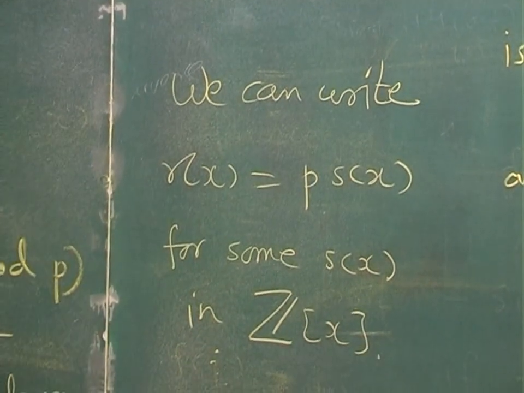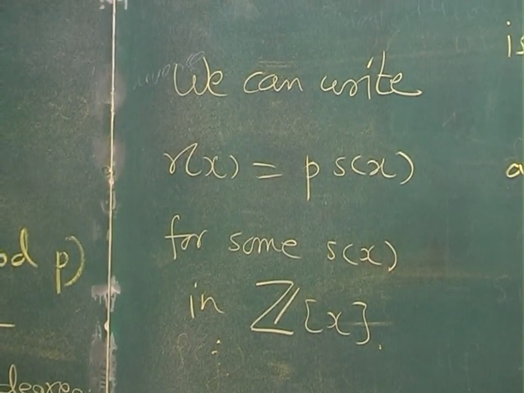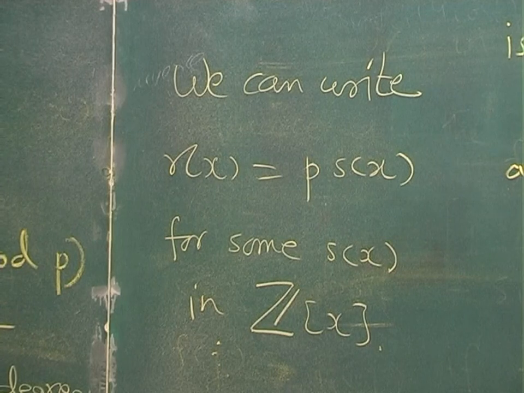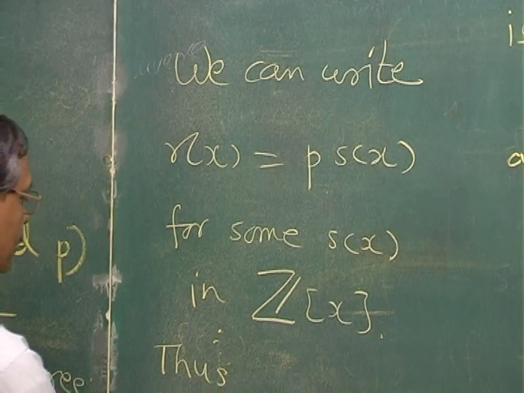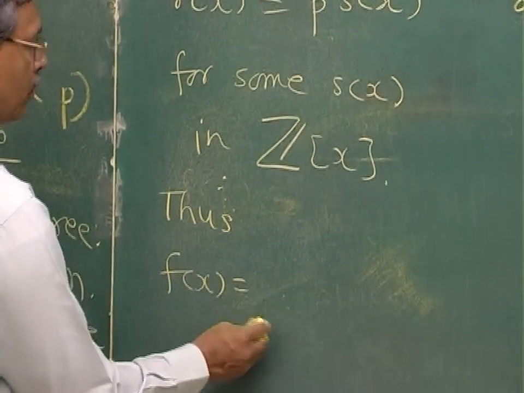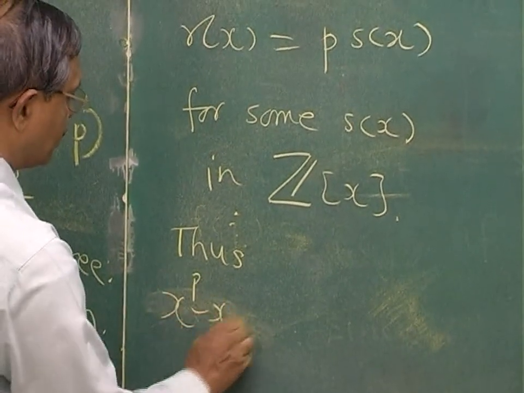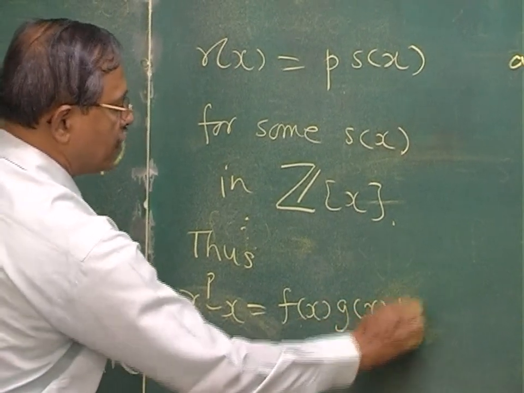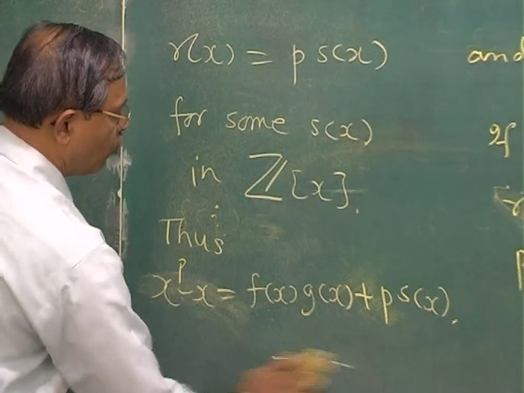This is a polynomial with integer coefficients, and therefore x raised to P minus x is equal to f(x) g(x) plus P times s(x). That's what we want.